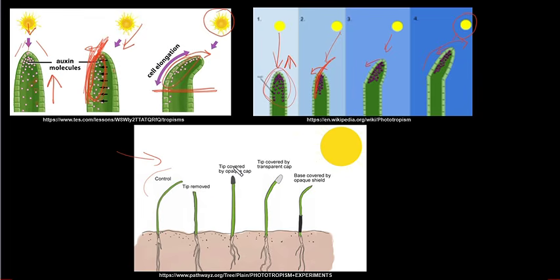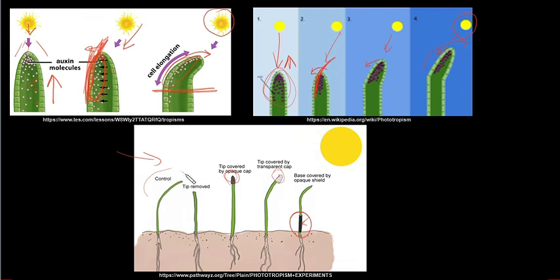Then they have one where the tip is covered, so no light can pass through that tip that has been covered. Then they cover another tip, but in this case the cap is transparent, so light can still pass through. And there's one where they covered the base of the plant, so no light can come in at the base.